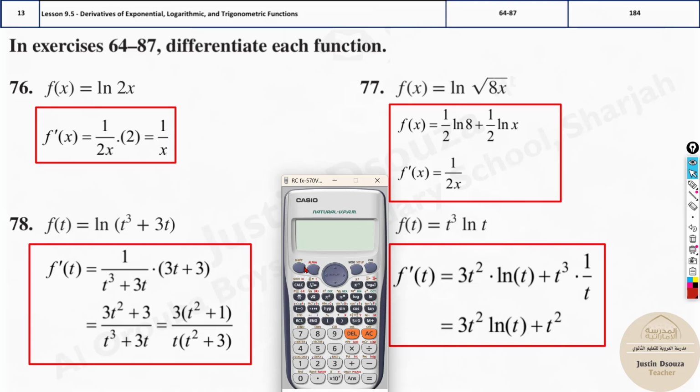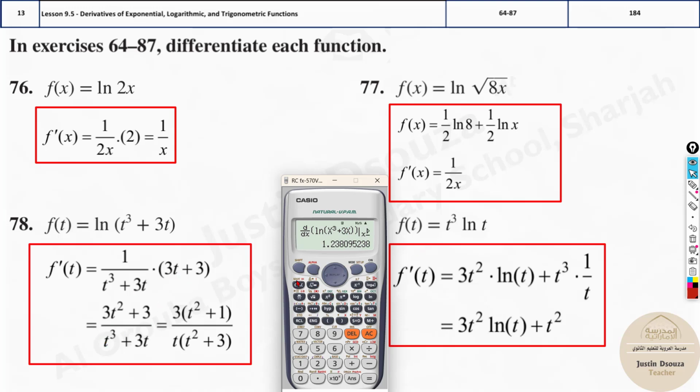Let's do the other one as well. Shift and dy by dx, type it out. Natural logarithm of x cubed, because we do not have t, we use x as the variable for any variables. 3x again. Close the bracket. Now write it as 1.5. And what is the answer? 1.238.